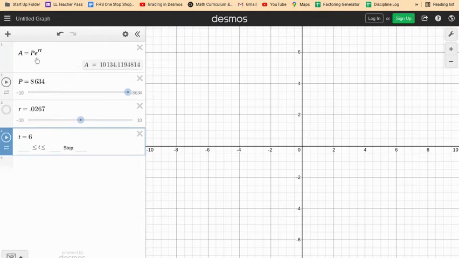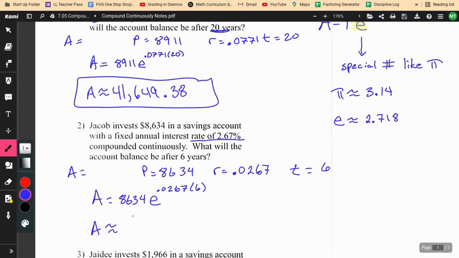And then this calculates my answer. If you wanted to, you could save this graph and title it continuously compounded. So we have an answer of $10,134.12.